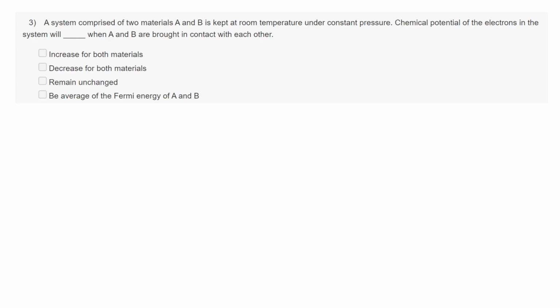So the chemical potential of the electrons will try to become the average of the Fermi energies of A and B. When they become the average, there will be no flow of the electrons. Okay, so that's the answer.